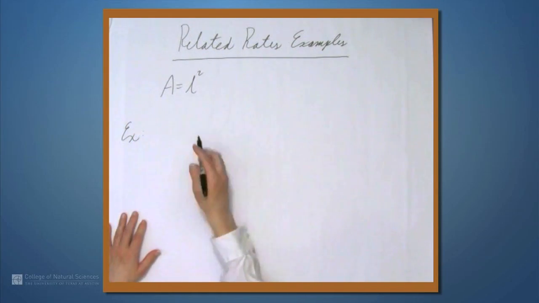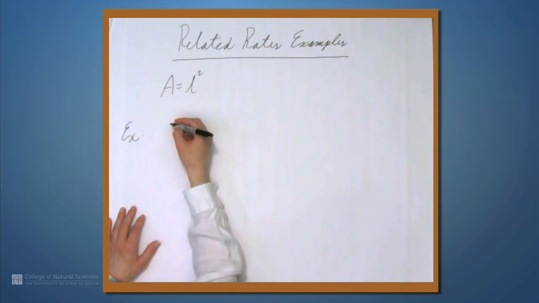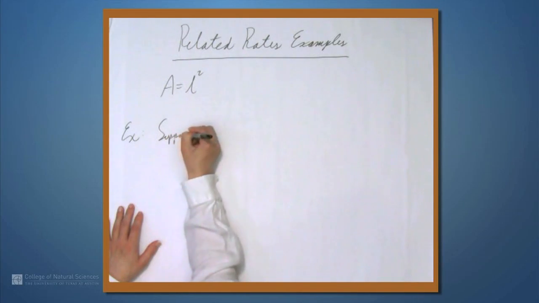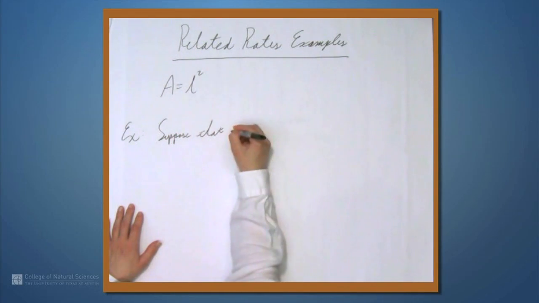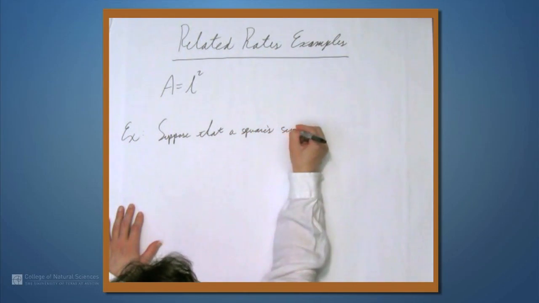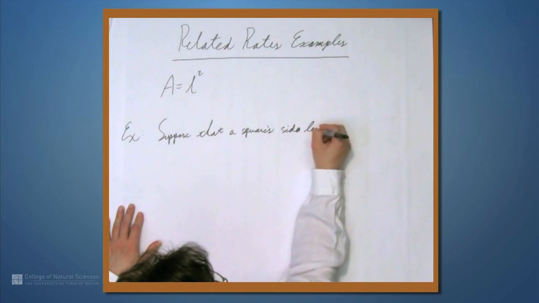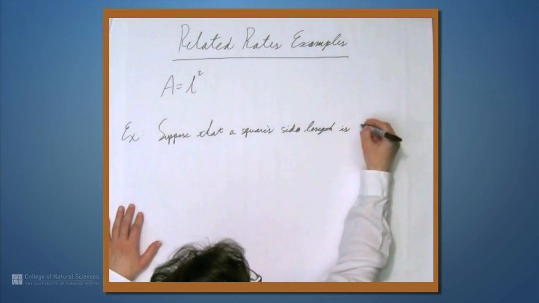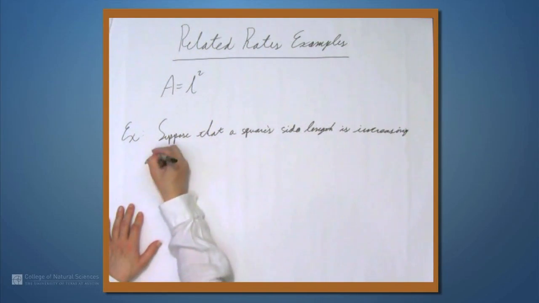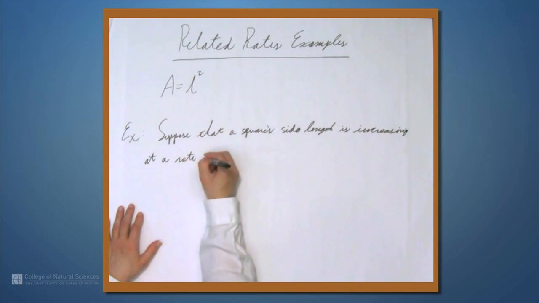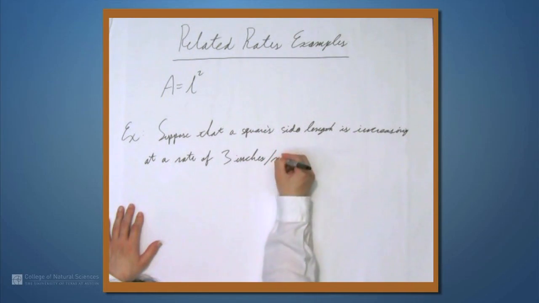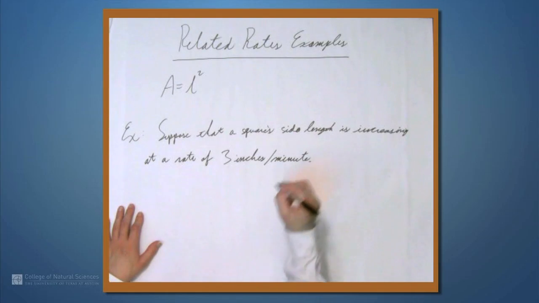So we'll use this one. Suppose that a square's side length is increasing at a rate of 3 inches per minute.